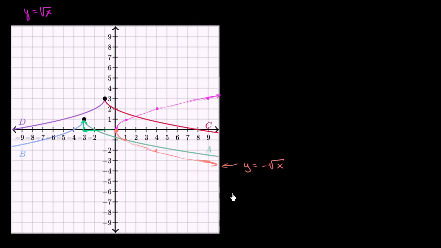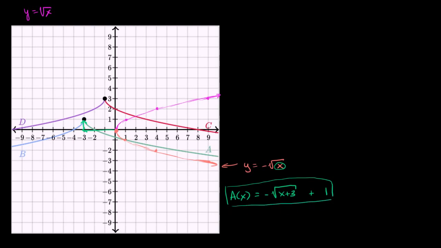If we want to get to A, so I could write A of x, to shift to the left by 3, we've got to replace our x with x plus 3. So this is going to be negative square root of x plus 3. That shifted us to the left. And then to shift up, we just have to add a 1 right over here. So that right over there is our A of x.